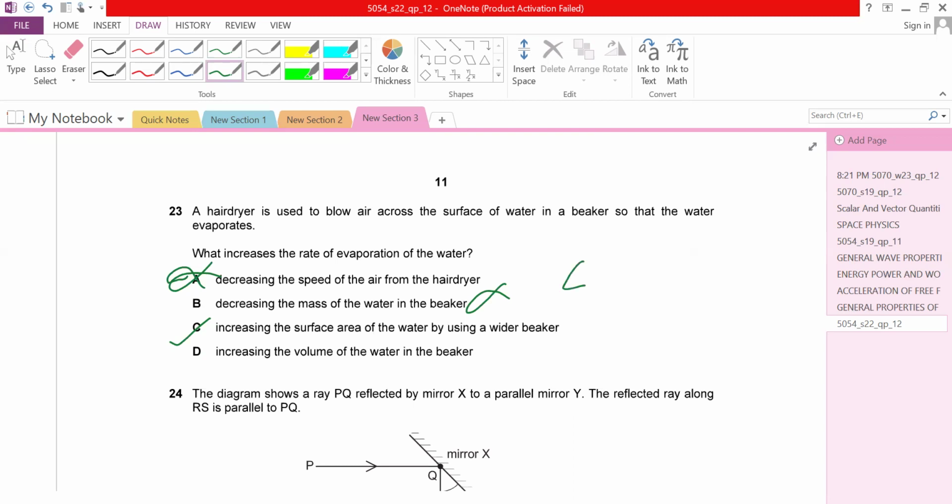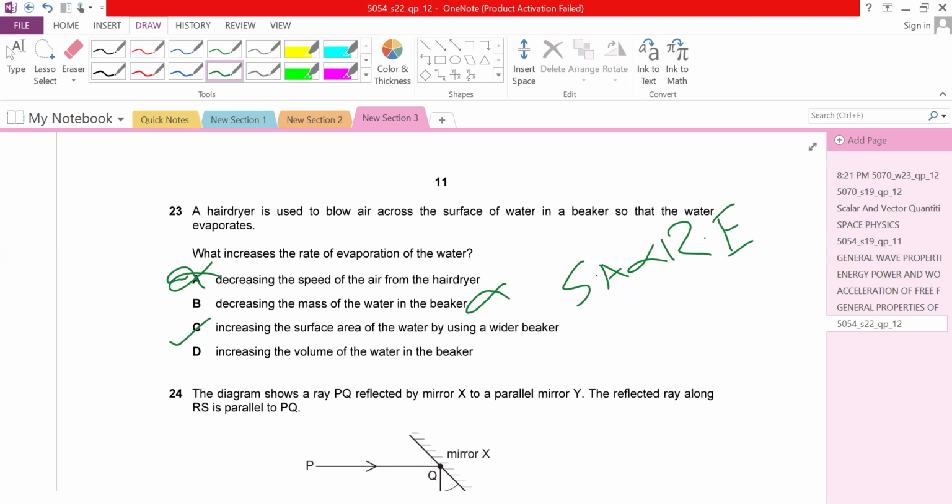Yes. If the surface area is increased, then the rate of evaporation also increases. Option C is correct.